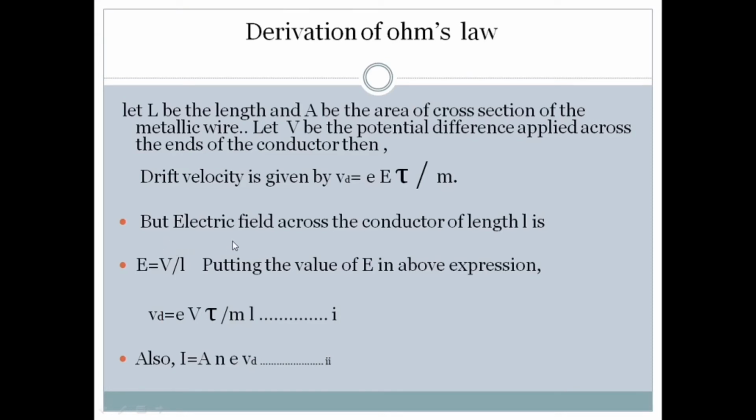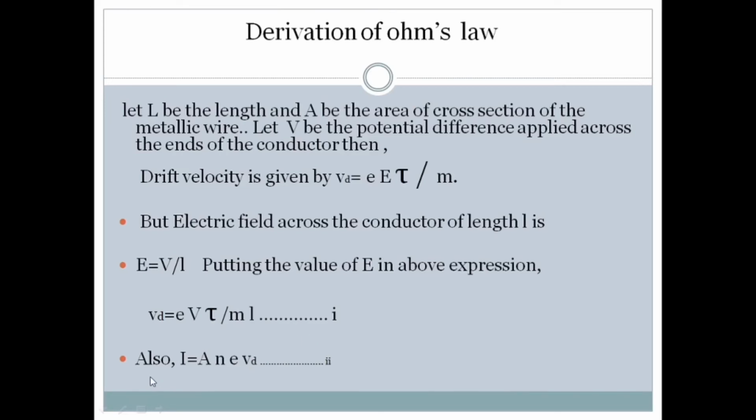Now the electric field is applied across the conductor of length L. So the relationship between E and potential difference is E is equal to V upon L. Now putting the value of E in this above expression, you will get Vd is equal to eVτ upon mL. Let this be equation 1.